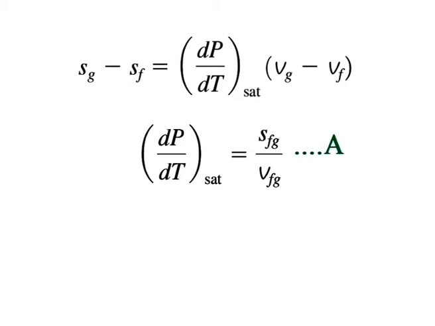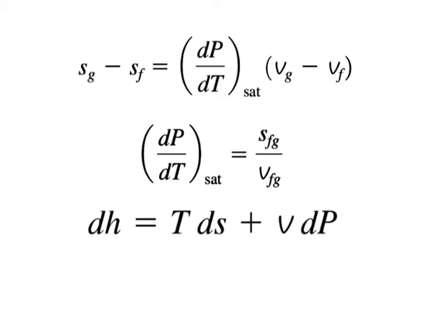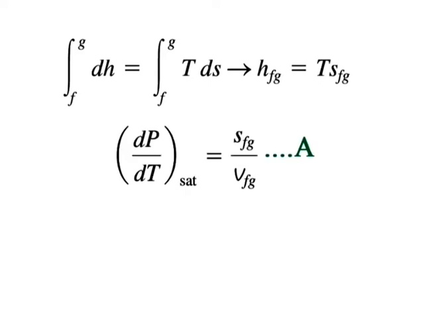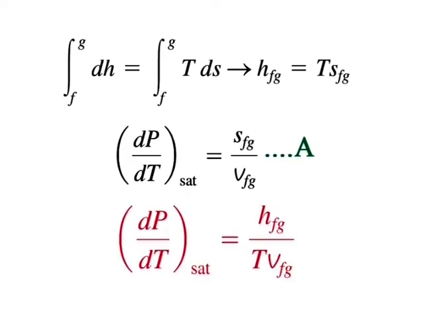Therefore, from the equation dH = TdS + VdP, we get the integral of dH from f to g is equal to the integral of TdS from f to g, which gives Hfg = T Sfg. Substituting this result into equation A, we obtain dP/dT at saturation is equal to Hfg divided by T Vfg.